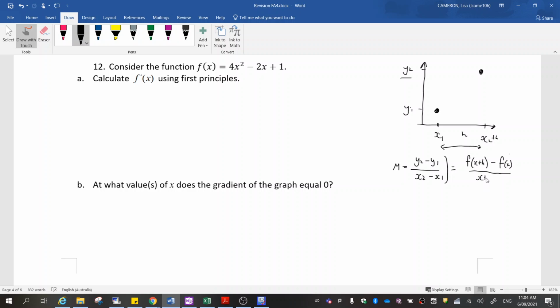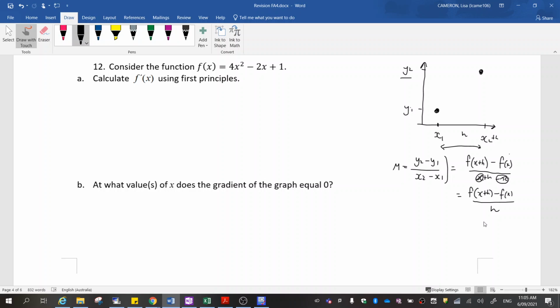So this is x plus h, and then this one over here we're going to subtract x. So if I simplify this formula, it's my function with x plus a tiny difference added in, minus our function at the point that we want, all divided by, this one will cancel out that one, and I'm just left with h on the bottom.